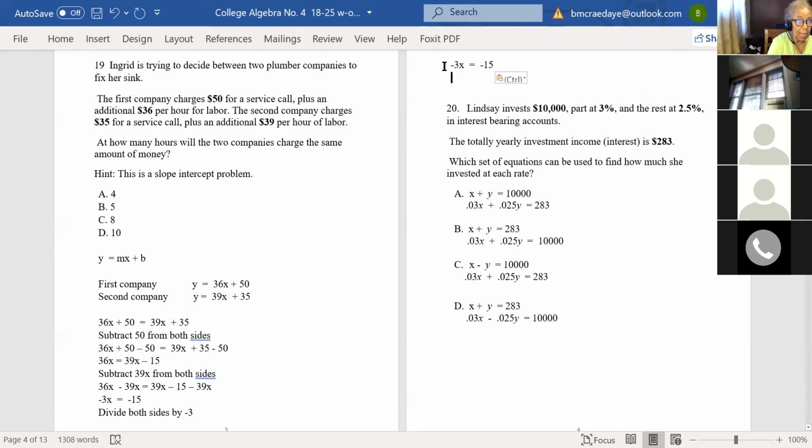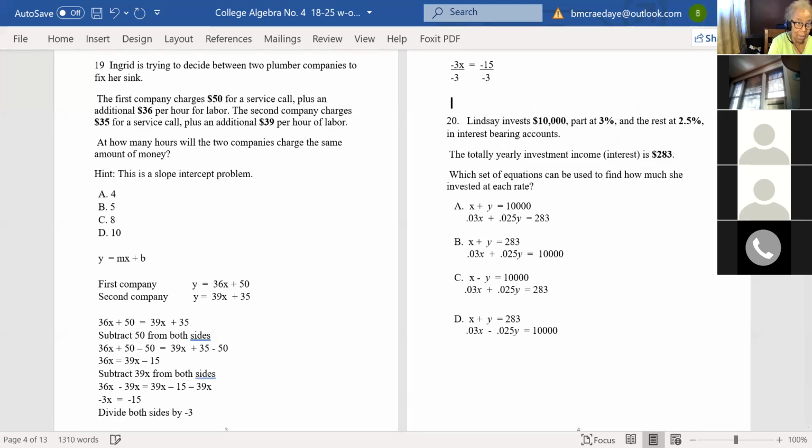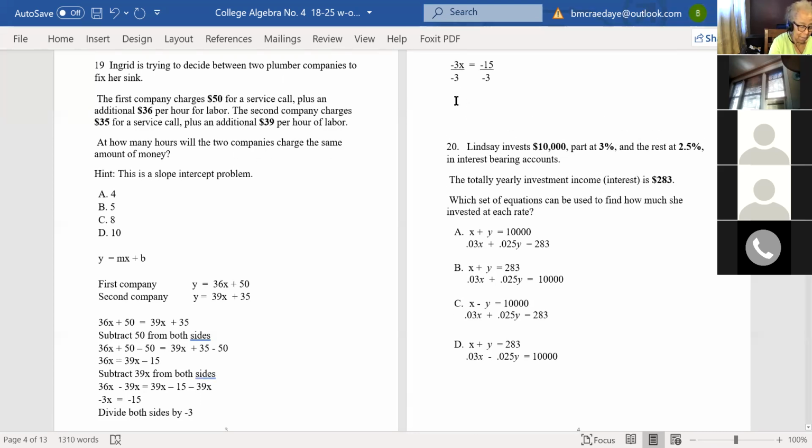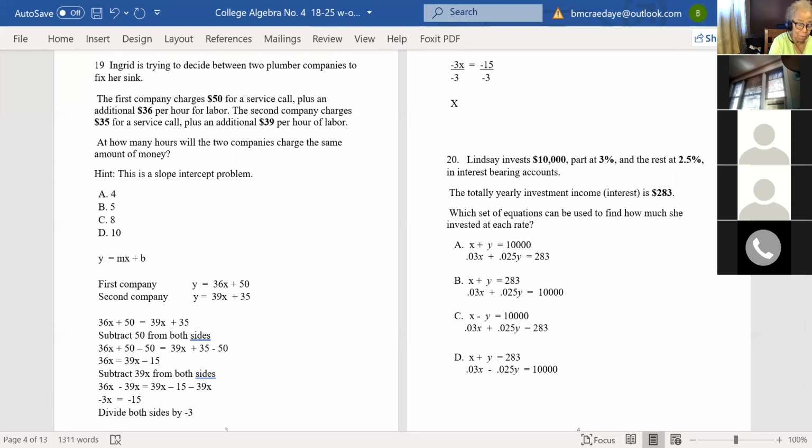If I divide both sides by minus 3, what do I get on the left, Audrey? I just get x, because minus 3 over minus 3 is 1. And on the right? 5.